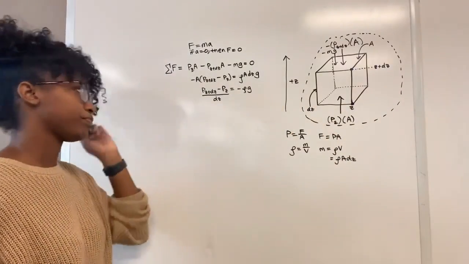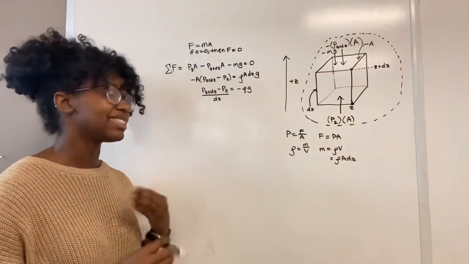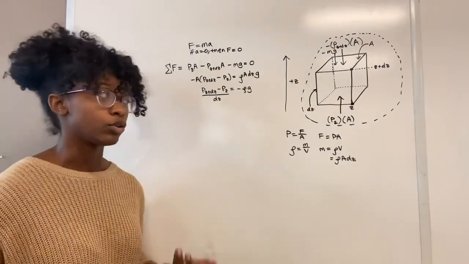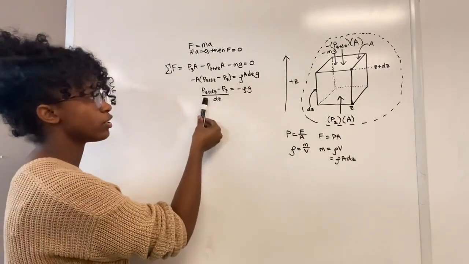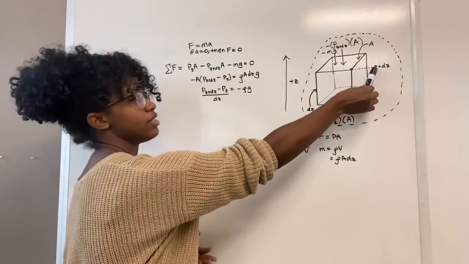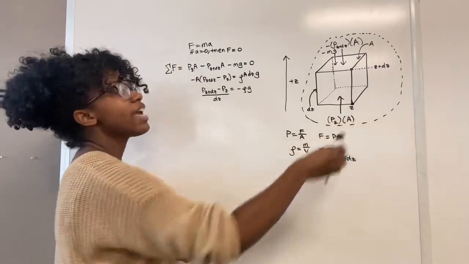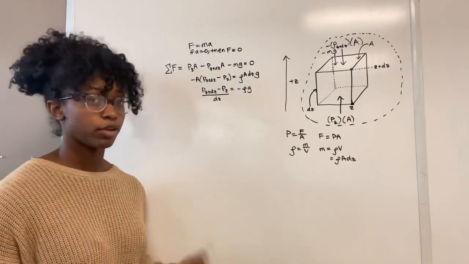or is that change in height. And so if that height of the fluid is exceedingly small, so small that it is our differential thickness, then we can also conclude that the pressure at Z plus dZ minus the pressure at Z is also a very small differential change in pressure.